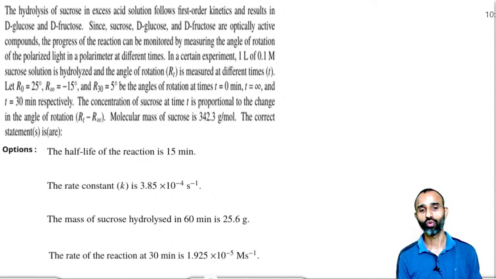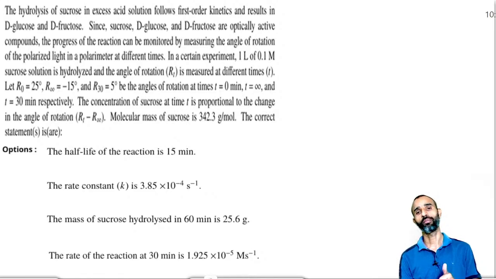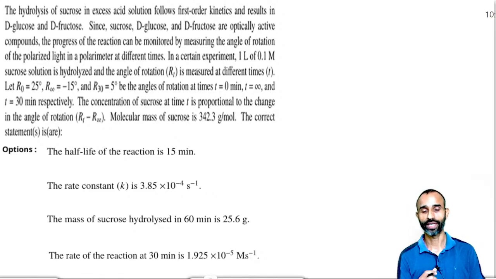Since sucrose, D-glucose and D-fructose are optically active compounds, the progress of the reaction can be monitored by measuring the angle of rotation of the polarized light in a polarimeter at different times. In a certain experiment, 1 liter of 0.1 molar sucrose solution is hydrolyzed and angles of rotation are given.